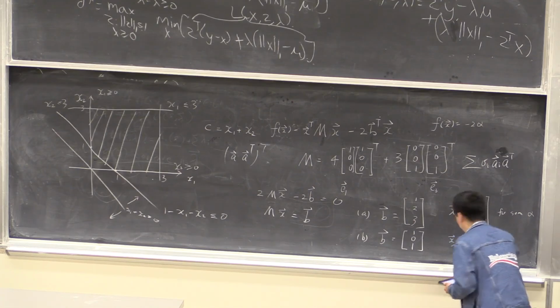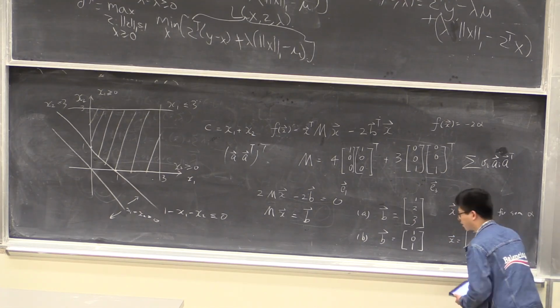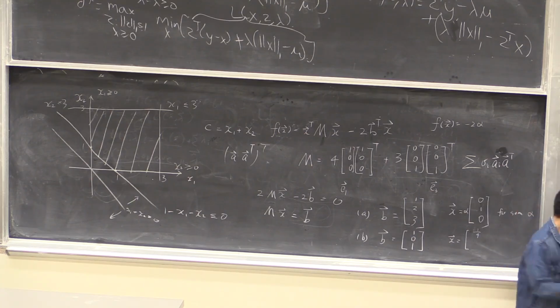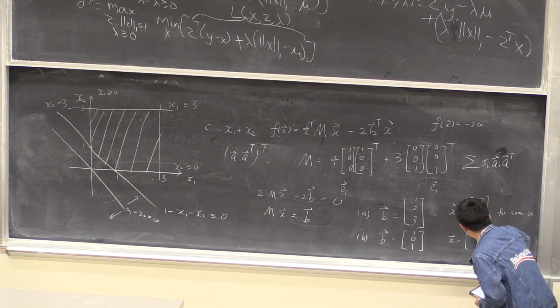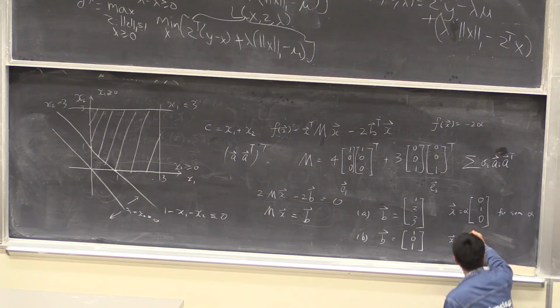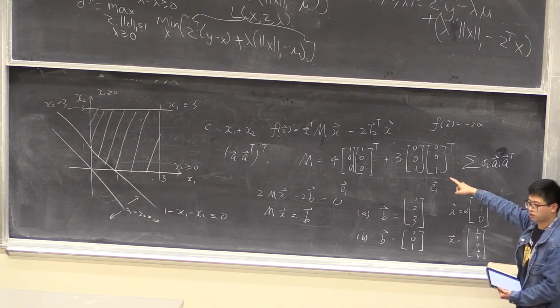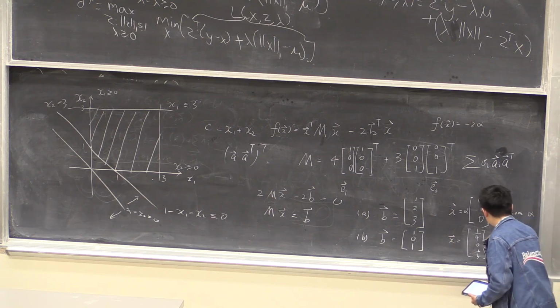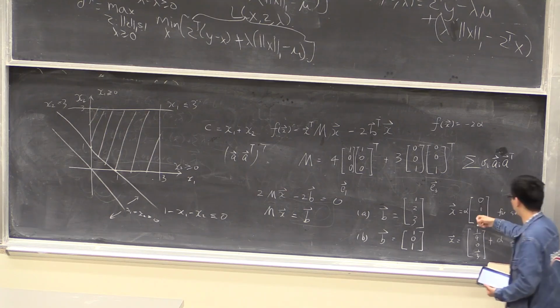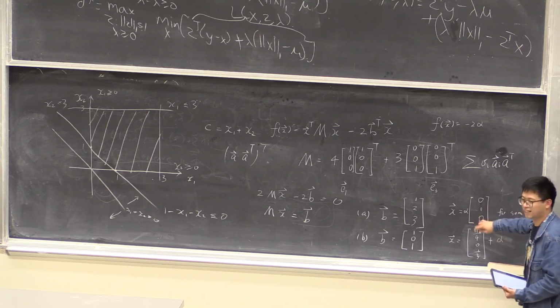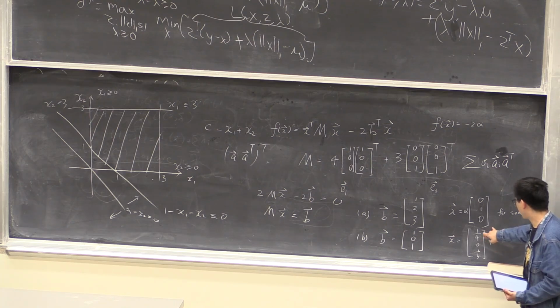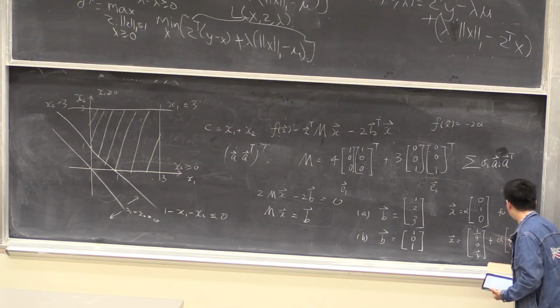So this becomes 1 over 4, 0, 1 over 3. Also, don't forget, because here M is not full rank, we can always add anything from the null space in the solution, because it doesn't contribute to the solution.